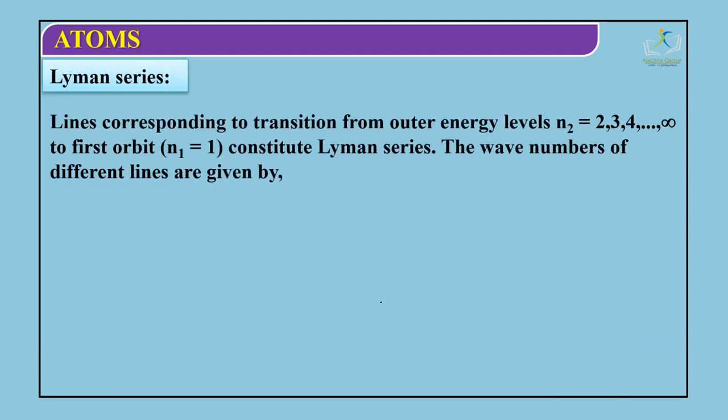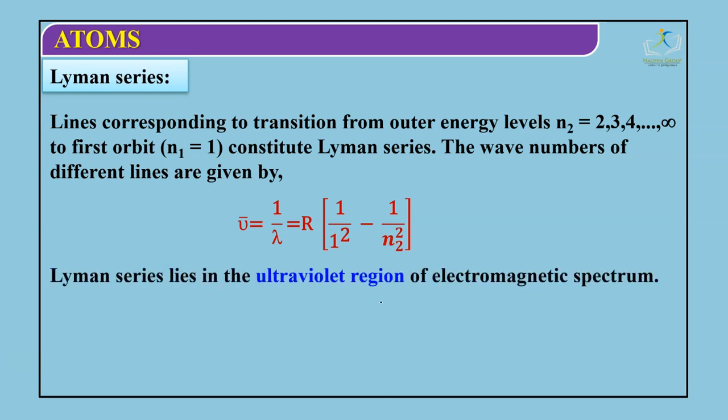Lyman series: lines corresponding to the transition from outer energy level n2 equal to 2, 3, 4 up to infinite to the first orbit, n1, constitute the Lyman series. The wave number of the different lines is given as nu bar equals 1 by lambda equals R times 1 by 1 square minus 1 by n2 square, where n2 could be 2, 3, 4 up to infinite. Lyman series lies in the ultraviolet region of the electromagnetic spectrum.